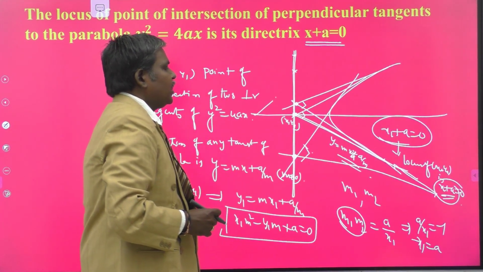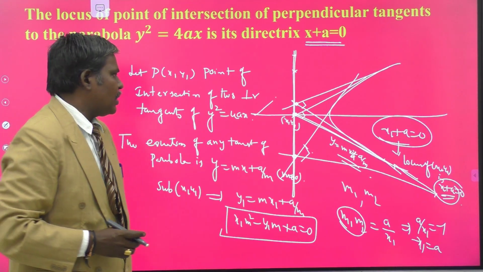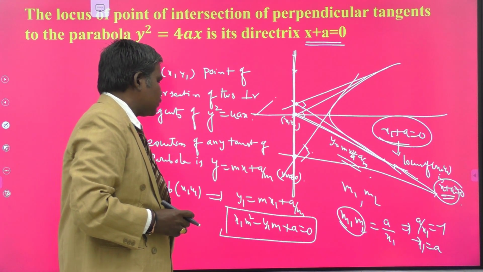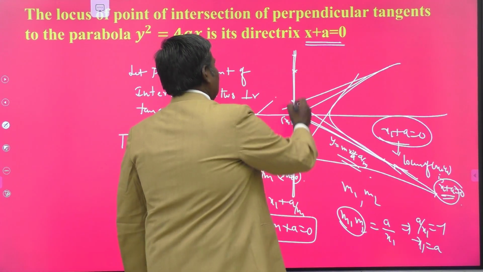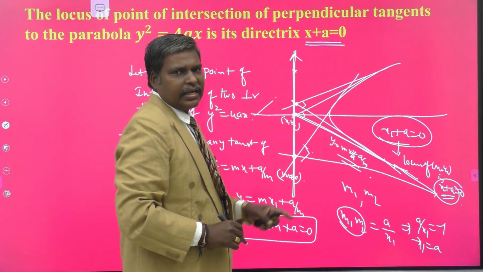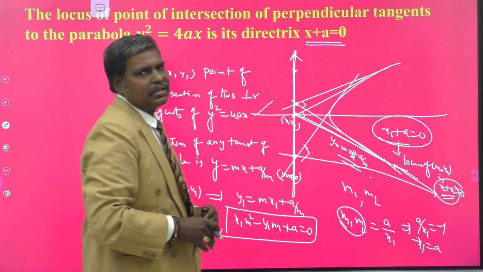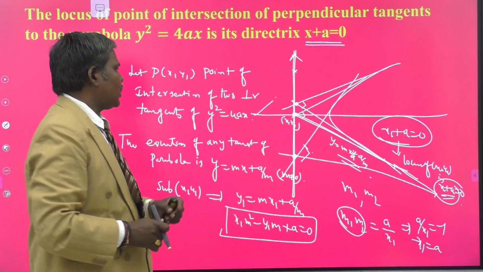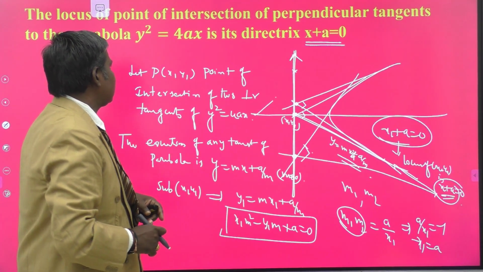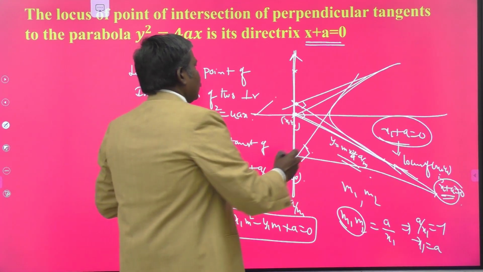So we conclude that the locus of the point of intersection of perpendicular tangents to the parabola is the directrix. Remember that always. If you take any point on the directrix and draw two tangents, the angle between them is always 90 degrees. This is a very, very important result for you. Don't forget, this is an excellent result.